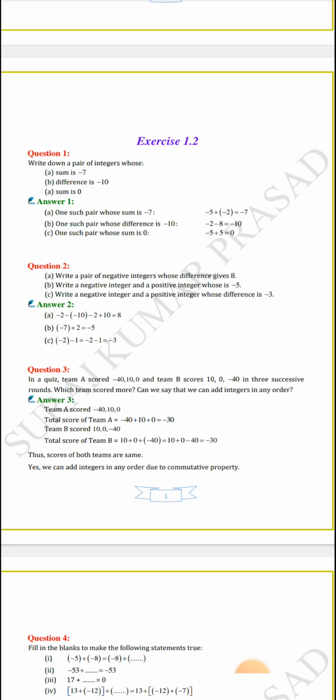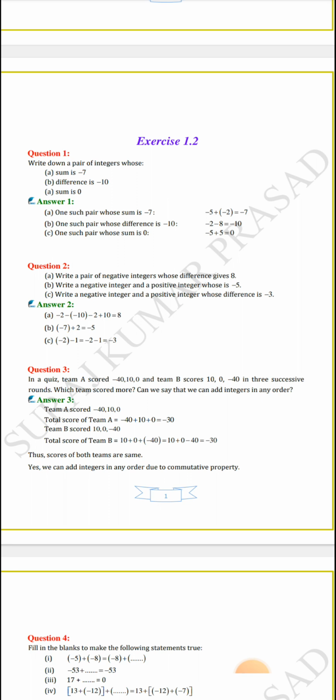Team A scored minus 40, 10, 0. Total score of team A is minus 40 plus 10 plus 0, which is minus 30, and team B scored 10, 0, minus 40. Total score of team B is 10 plus 0 plus minus 40, which is minus 30. Thus, scores of both team A and B are the same.